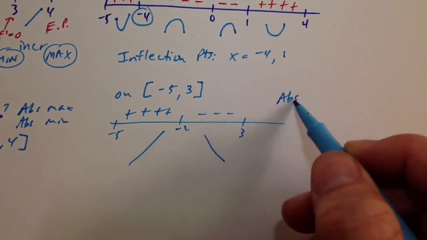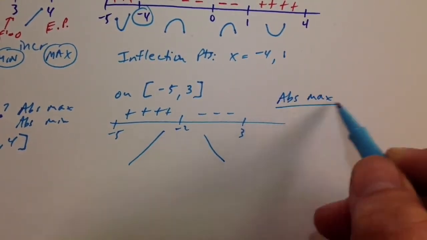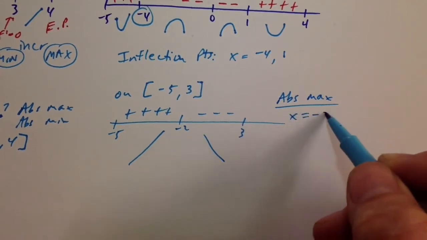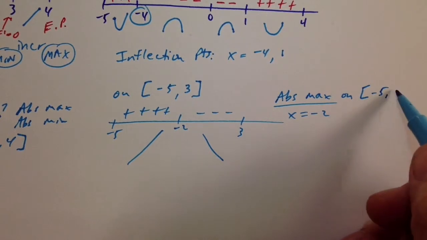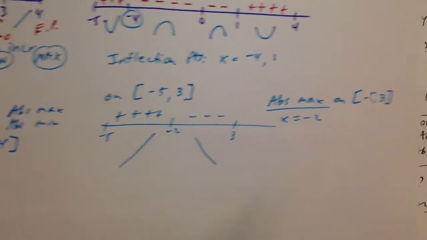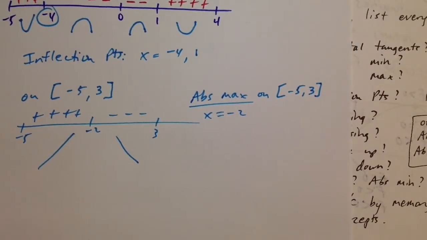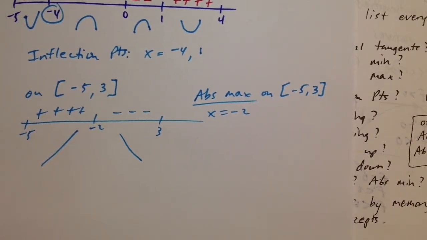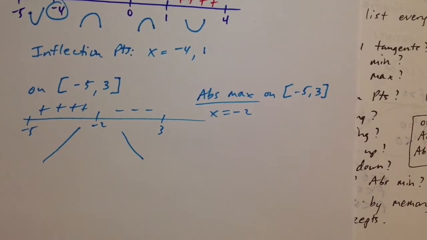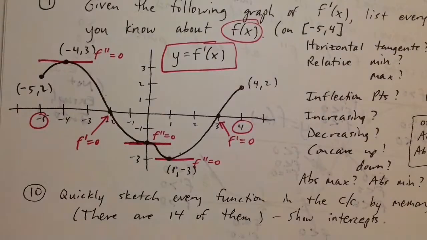We have an absolute max at x equals negative 2. On the interval from negative 5 to 3, we do know that we have an absolute max. That makes sense? Sometimes we can find that, sometimes we can't. So there you go. I think that's about it.